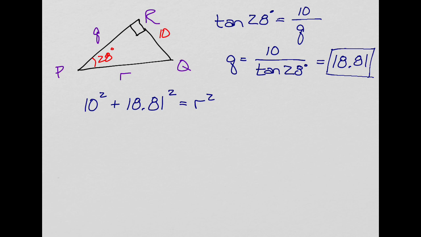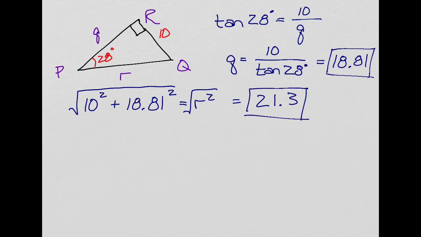I get 453.7 something, and then I will need to take a square root on both sides because I don't want r squared, I want r. And I will find a value of 21.3 for r, my third side. And again, that's whatever units we're in.